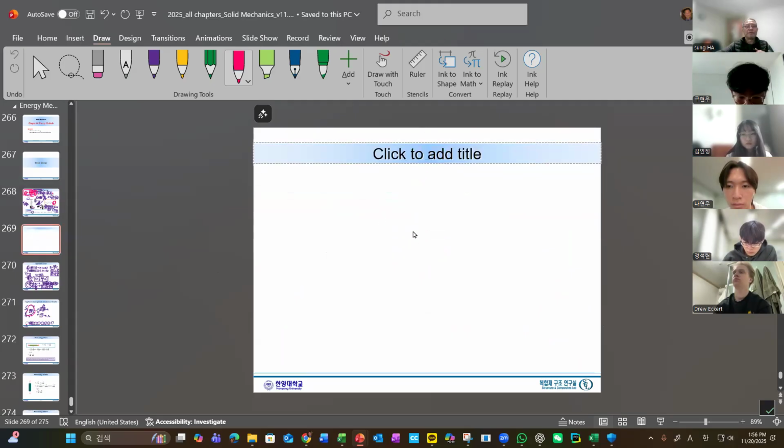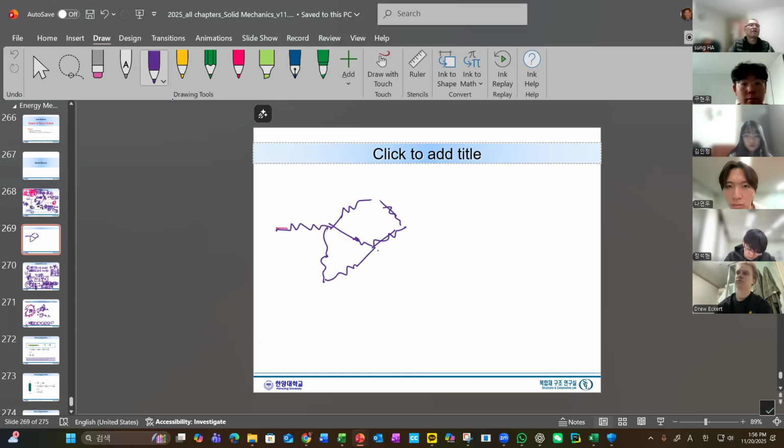For example, let's say we have all kinds of springs, like there's one spring and there can be another spring and another spring, as complicated as you can imagine. All different K1 and K2 and K3 and K4 and something like that.